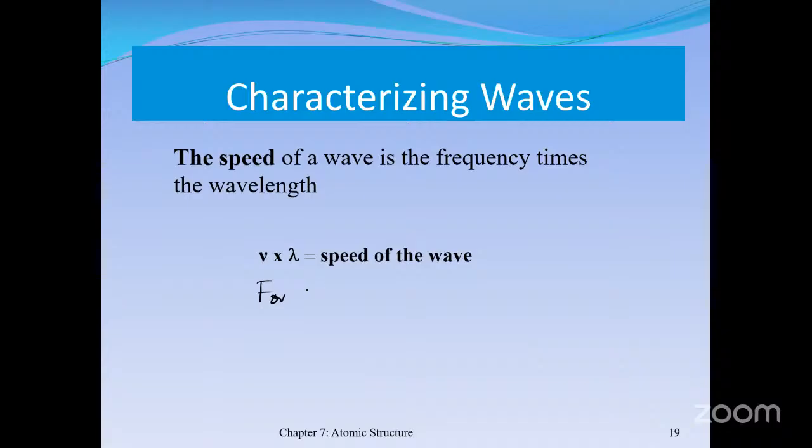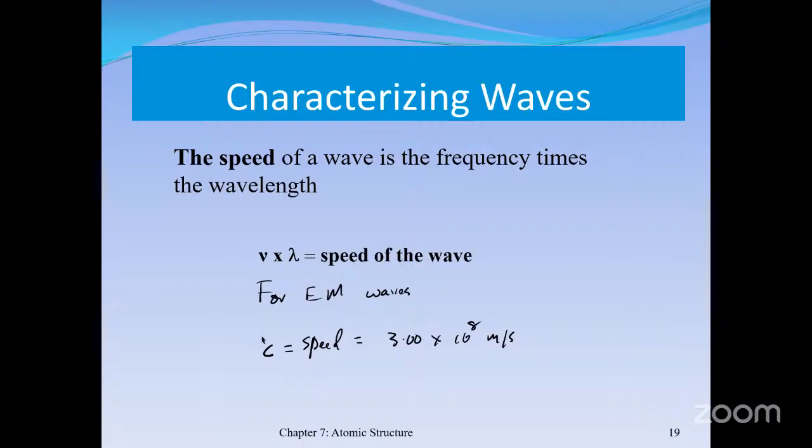For electromagnetic waves, the speed is equal to a constant value in vacuum, and that would be 3.00 times 10 to the 8 meters per second. And traditionally, we use the letter C to represent the speed of all forms of electromagnetic radiation, including light. So it doesn't matter what type of radiation you're dealing with, the speed is going to be 3.00 times 10 to the 8 meters per second.